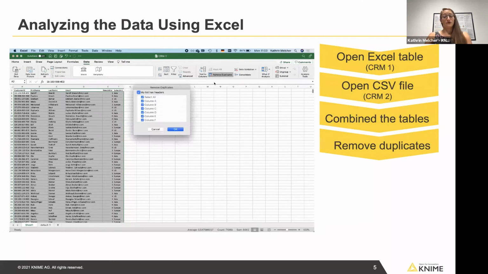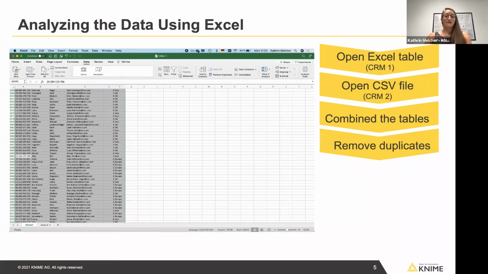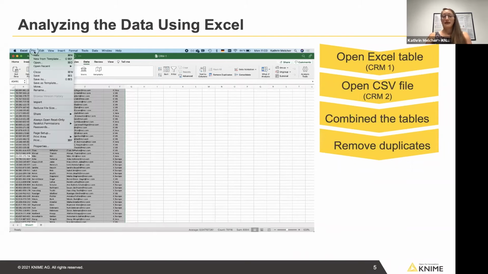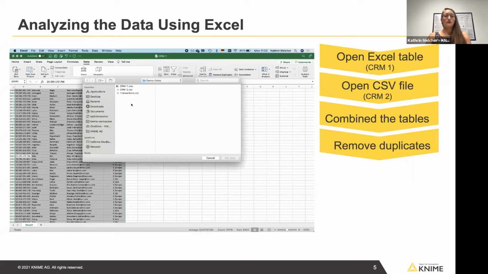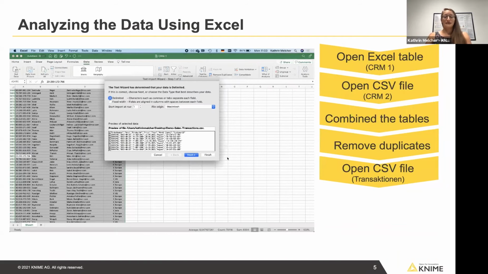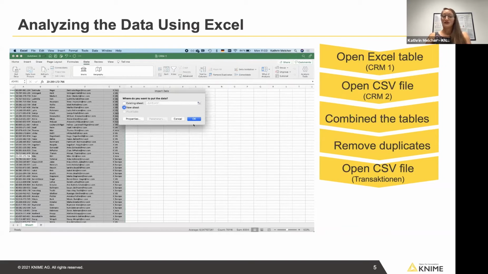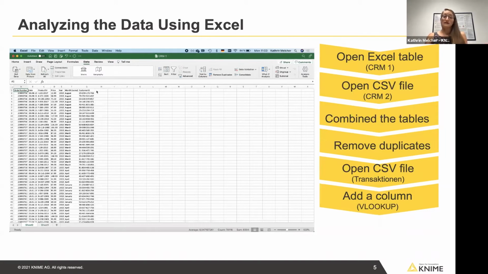Then I might want to check for duplicates, and I remove the duplicates in my customer data that I now combine from the two data sources. And then I could open next the transactions data. The transactions data is also a CSV file, so I can open it in the same way as before for our data from the second CRM system. Once I opened the transactions data, the next step would be to add a new column, because in this data table, as you can see, we don't have the sales unit.